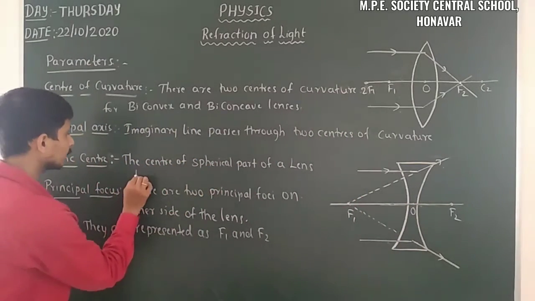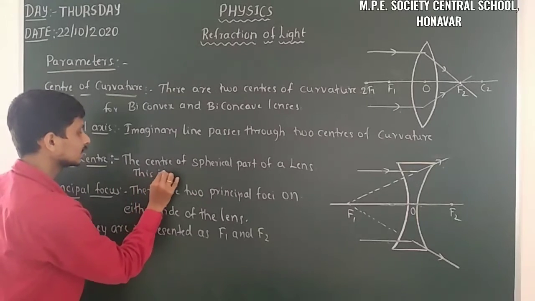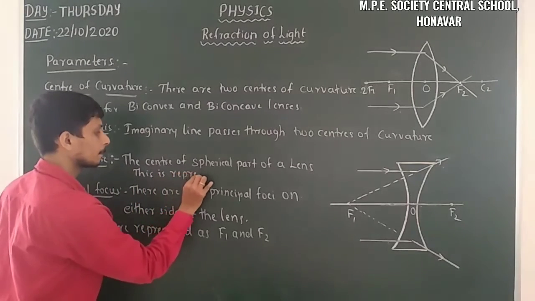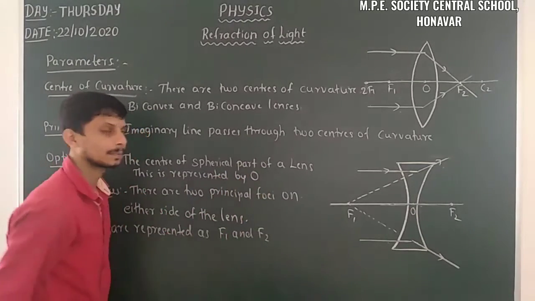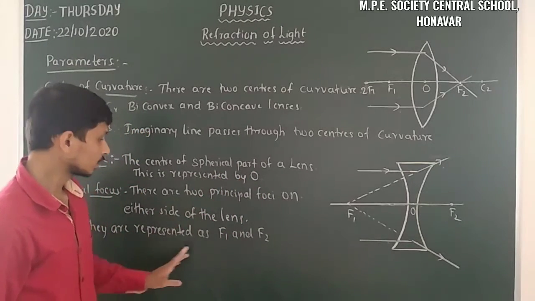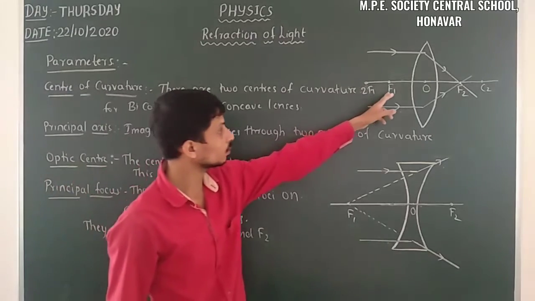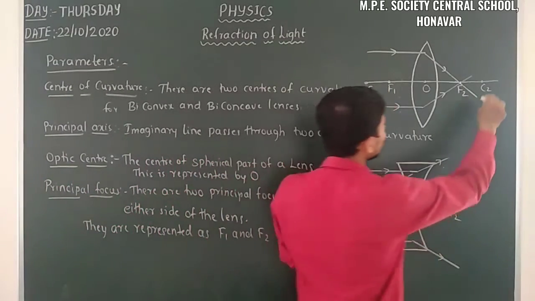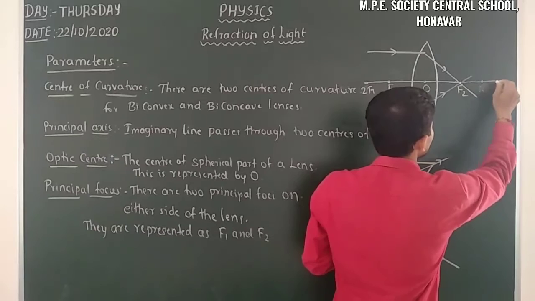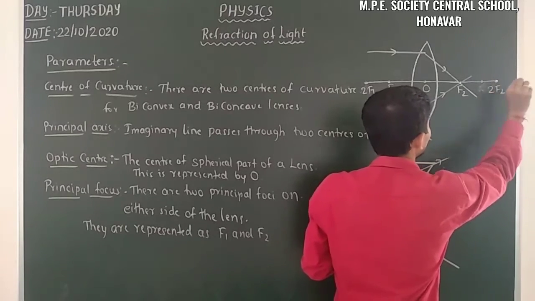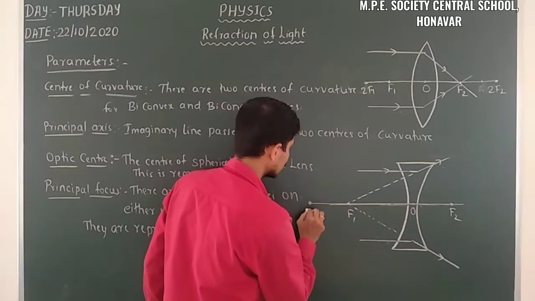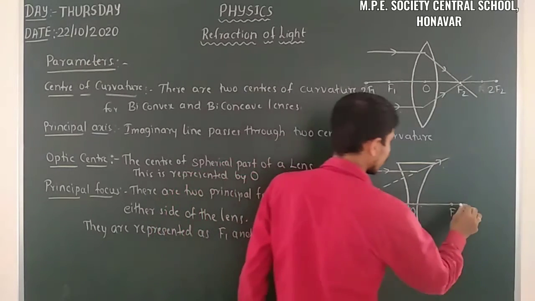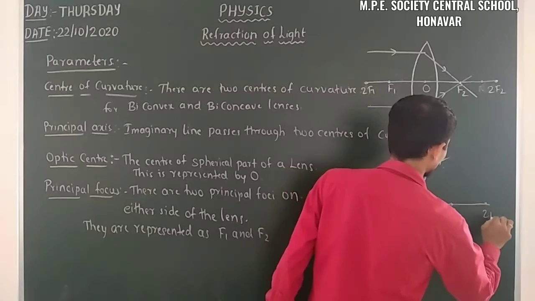This is represented by O here. So F1 and F2 are there, and here 2F1 and 2F2. In place of C2 we take 2F2, and on the other side 2F1.